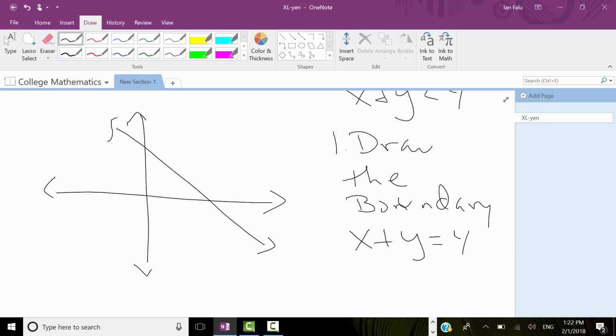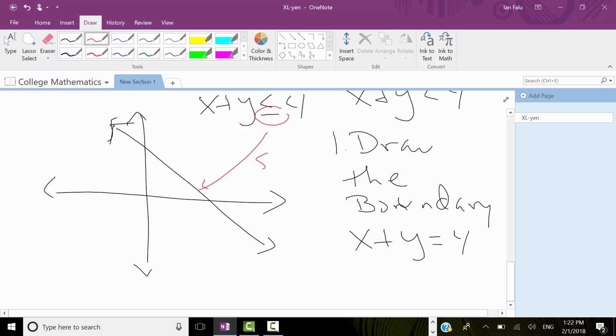In this case, this line is solid, right? Because I am including the points that are on top of the line that will make this inequality true, right? So when I say x plus y less or equal to 4, the fact that here I have the equal condition will make this line solid because I'm including those points.